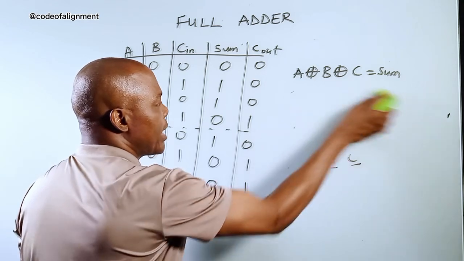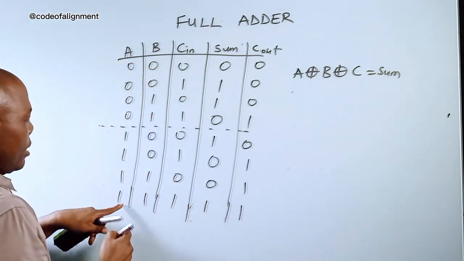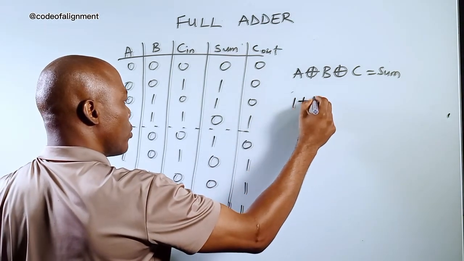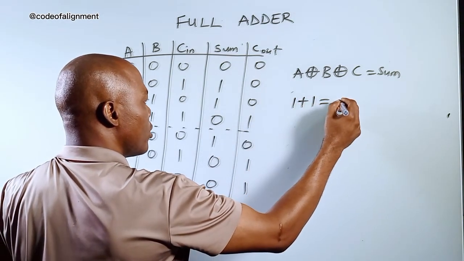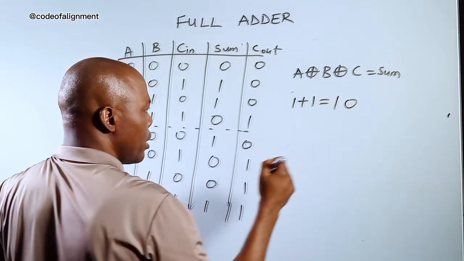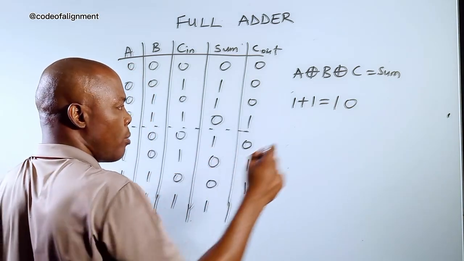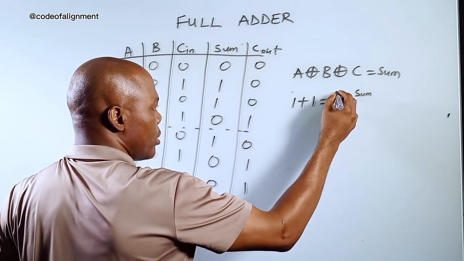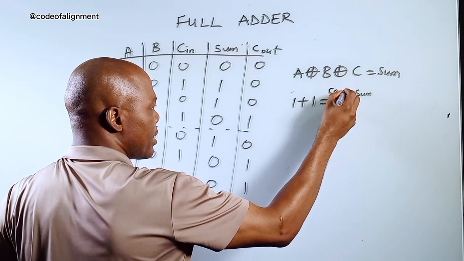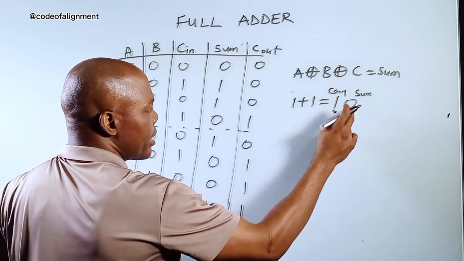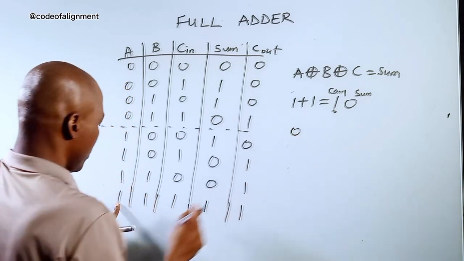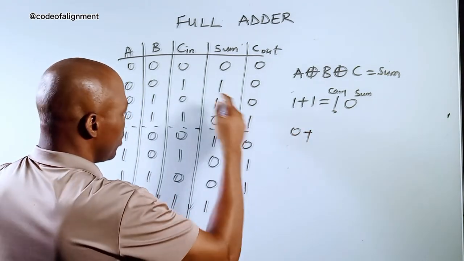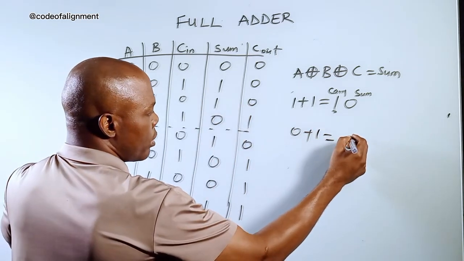Let's test it for the last one. You take this A and B. So 1 plus 1 will give you what? 2, which is 1, 0. You know, we are looking at the exclusive OR part. So sum is this part, and this is the carry, right? So keep this carry, bring this sum, which is 0. Now, do exclusive OR with this one again. 0 plus 1 will give you what? 1.